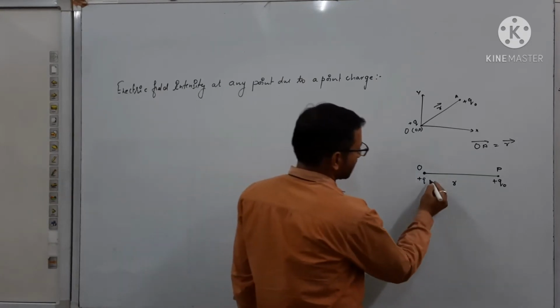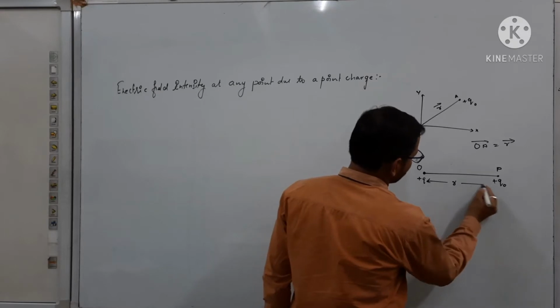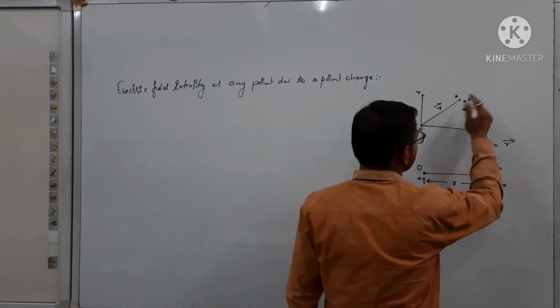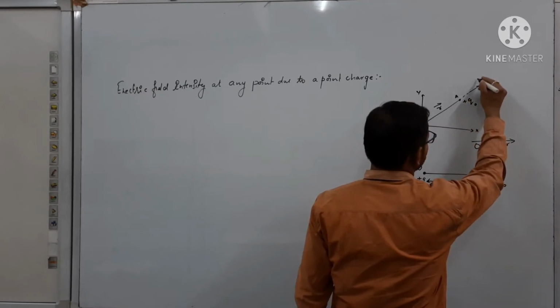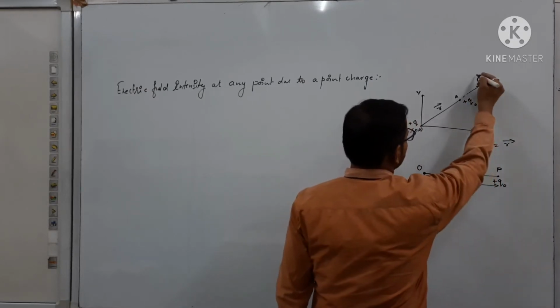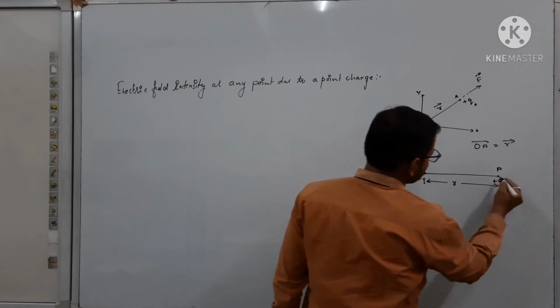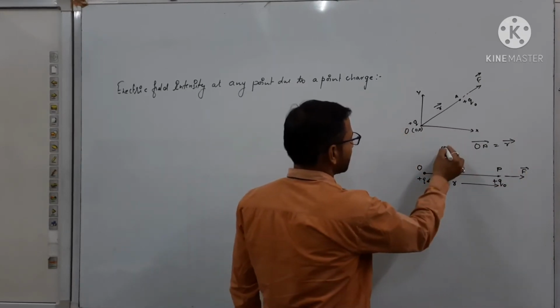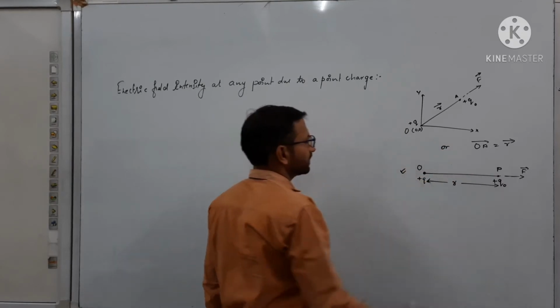Here we are calculating the electric field intensity, so before understanding this term we should understand the electric force. As both charges are positive in nature, the direction of the electric force is outward, means repulsive in nature. You can opt for any one diagram, I will opt for this one.